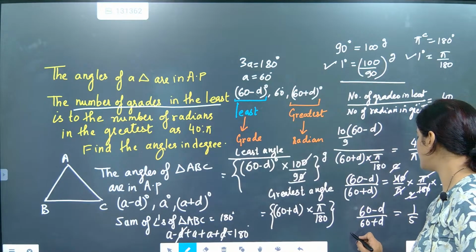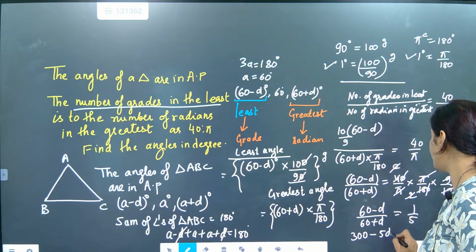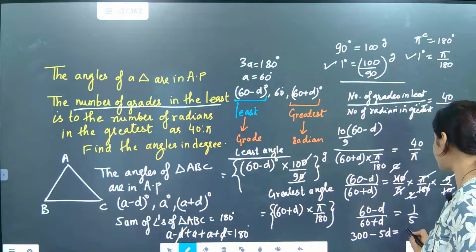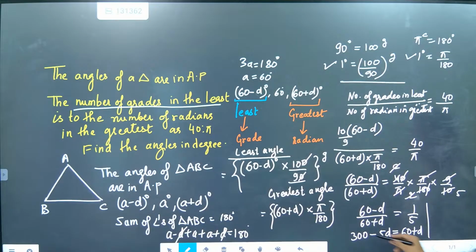So here it is going to come 5 6s are 30, 300 minus 5d equal to 60 plus d. So solving here, 300 minus 60 will become 240 is equal to 6d. So d is coming as 240 by 6. It is coming as 40.